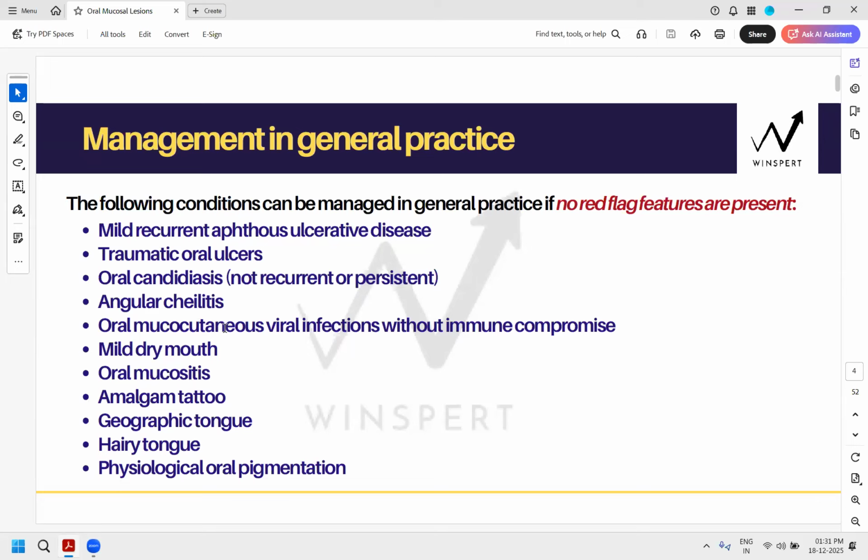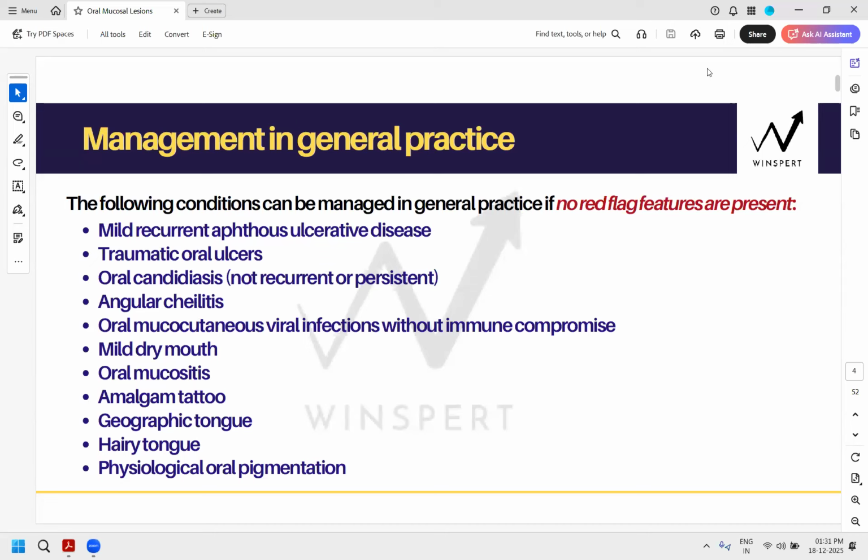Now, oral mucocutaneous viral infections without immune compromise, shingles, herpes, right? Herpetic stomatitis, they are all your oral mucocutaneous viral infections? Yes or no? Right? Recurrent herpes labialis, absolutely correct, Priyanka. We're going to come to that.